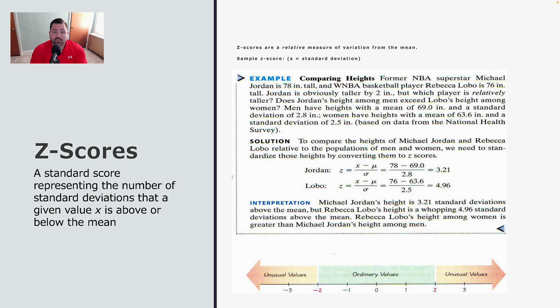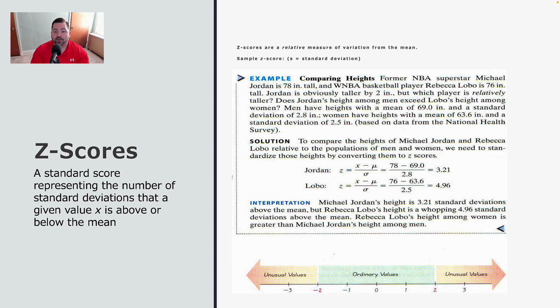The way in which we would do that is by simply taking the X score, which is the person's value, minus the average value, and dividing it by the standard deviation if we're talking about it from a sample's perspective. If we're talking about it from the population's perspective, you would put it in terms of standard error.